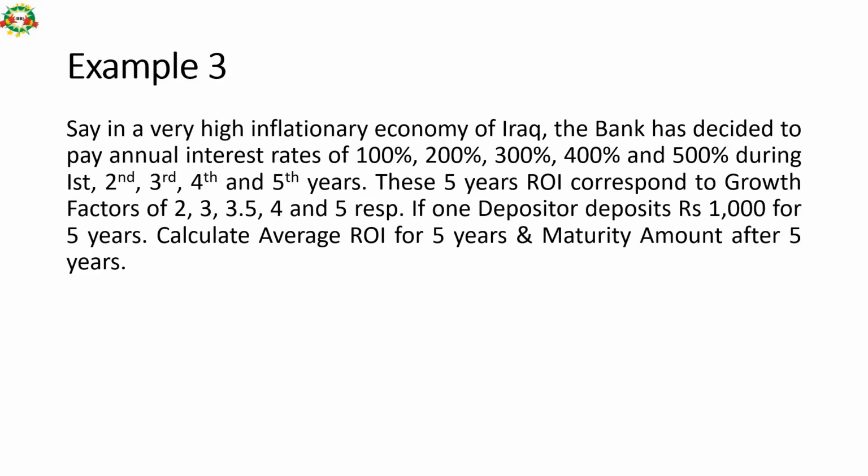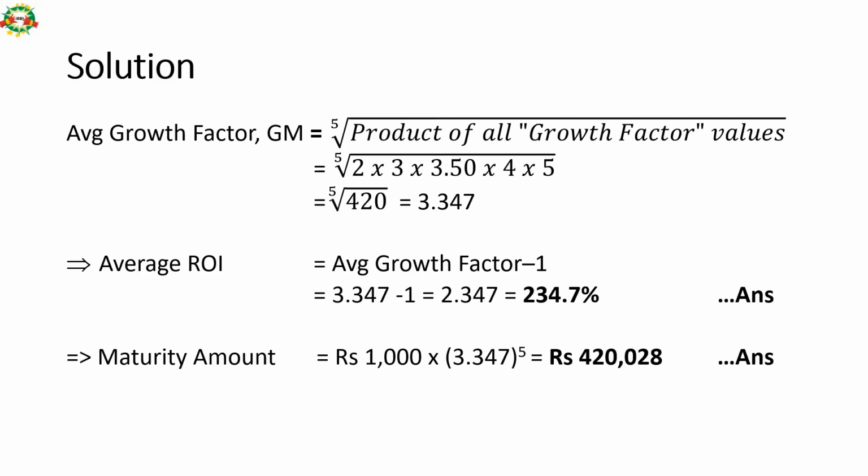If one depositor deposits 1000 rupees for 5 years, calculate the average ROI for 5 years and the maturity amount after 5 years. So these types of examples, if you see in exam, you have to use geometric mean.